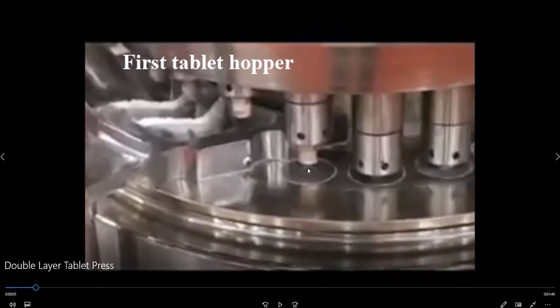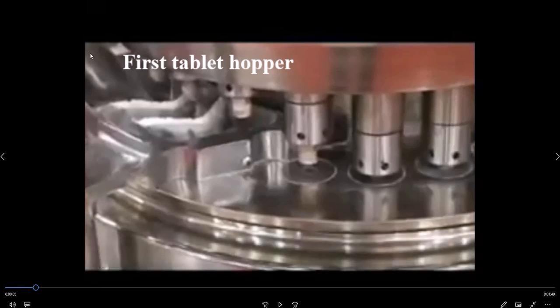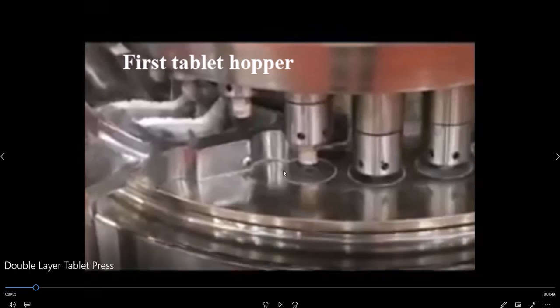Here we have the die cavity, the opening in the die. On this side, you will see a hopper. If you remember, the hopper is like a container or vessel holding the formulation. So this hopper will fill the die cavities.